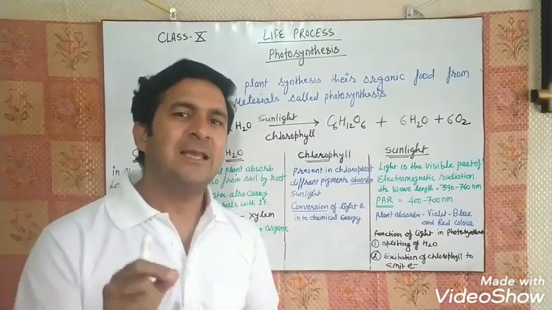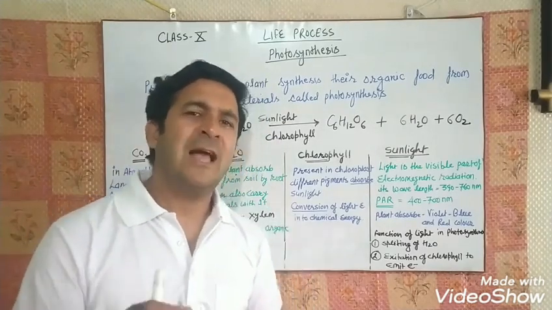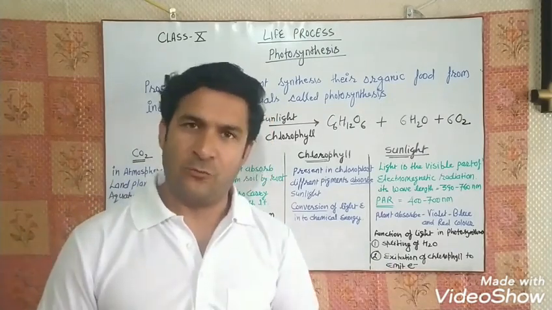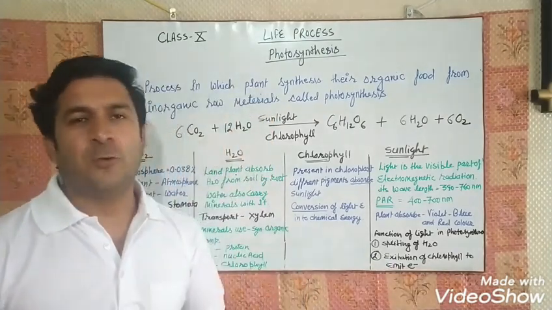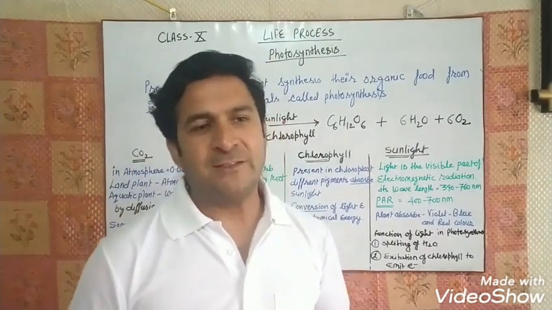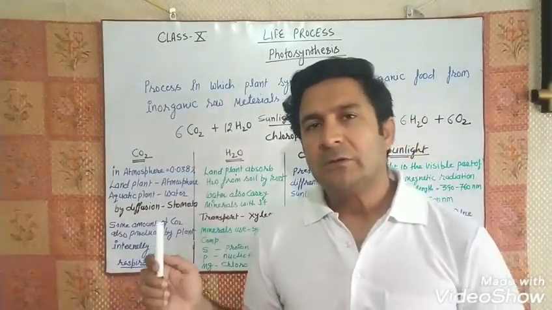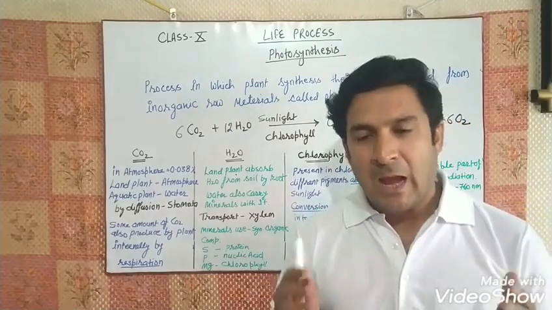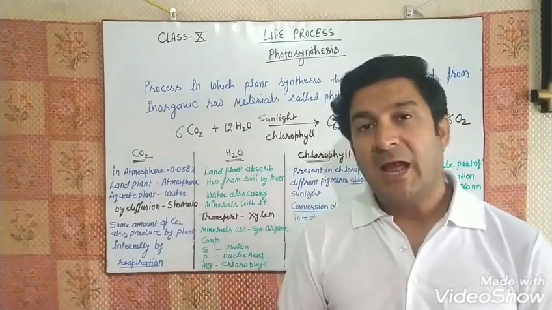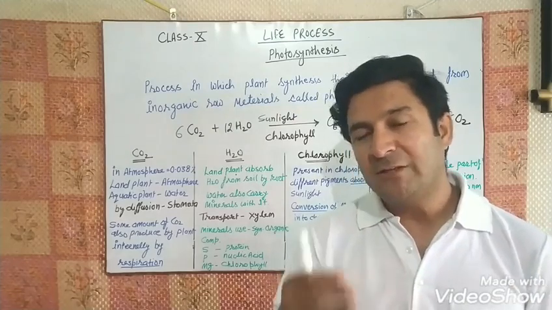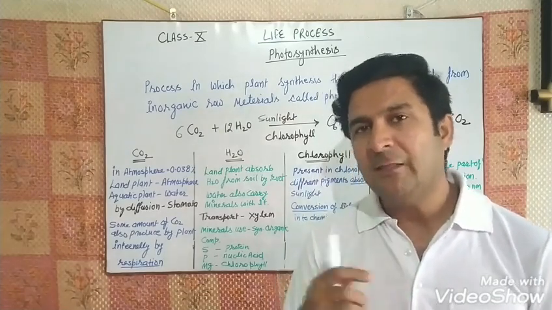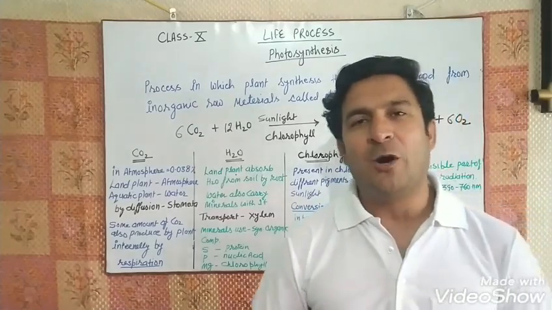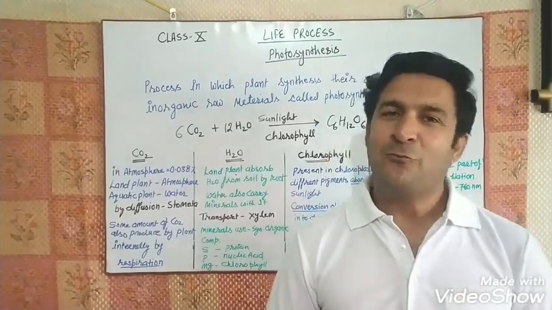But in class 10, in the mechanism of photosynthesis, I will teach you a little bit about this excitation of chlorophyll. So this was the topic for today, and you have seen how the raw material is important for photosynthesis, how it is obtained by the plant, and what is the function of this raw material in the process of photosynthesis. In the next video I will teach you about the mechanism of photosynthesis.